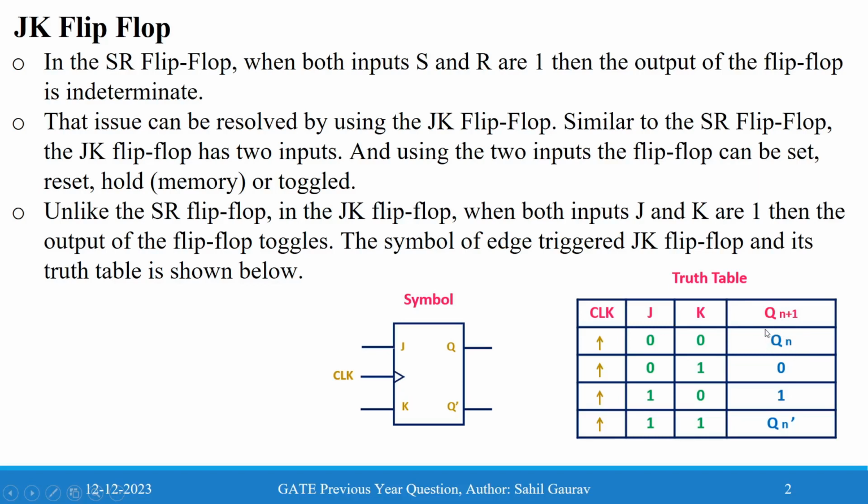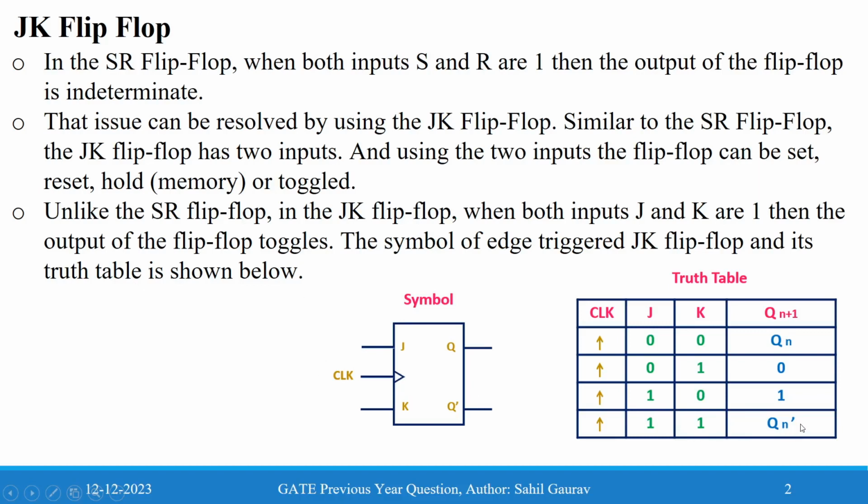When J is 0 and K is 1, the flip-flop is reset, that is 0. If J is 1 and K is 0, then the output is 1, that is the set condition. And if both J and K are 1, then the output goes into the toggle condition.